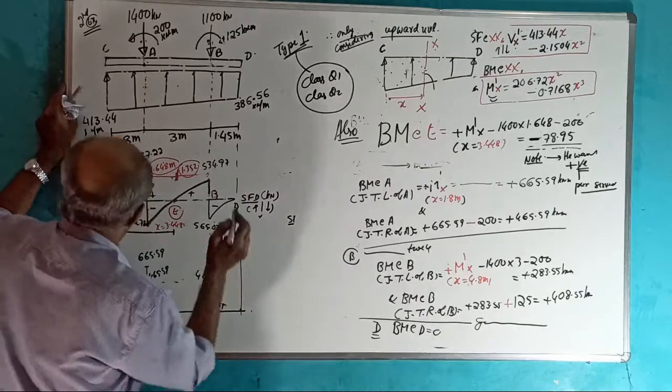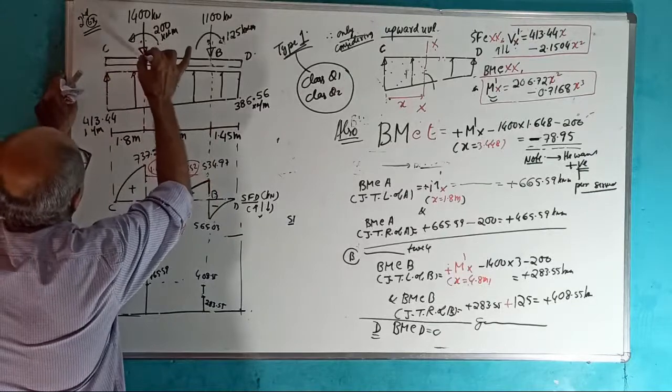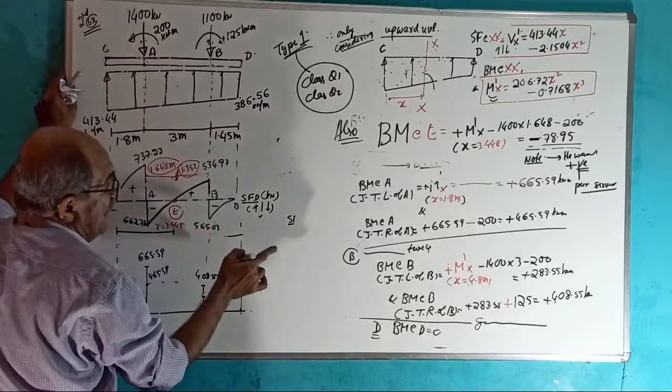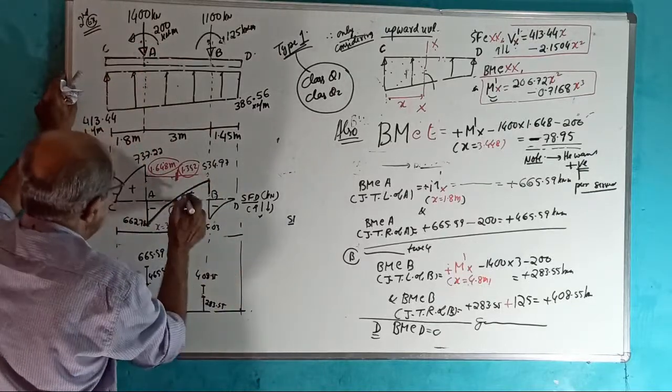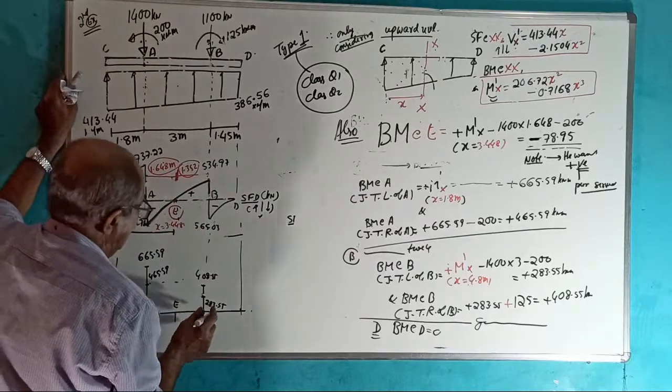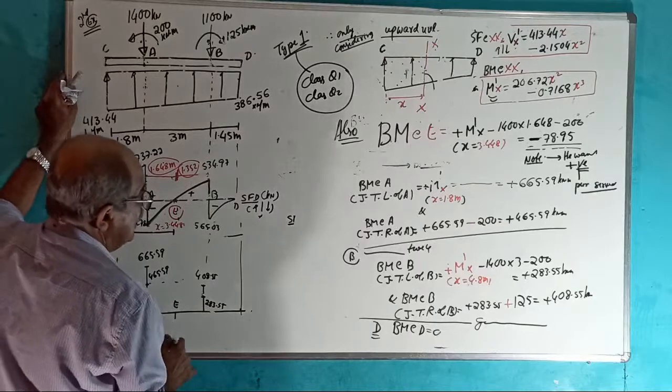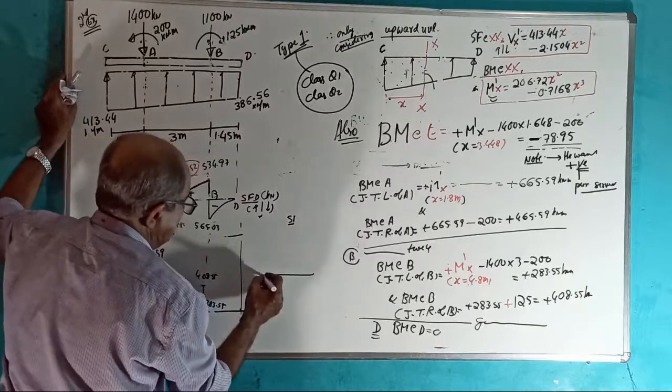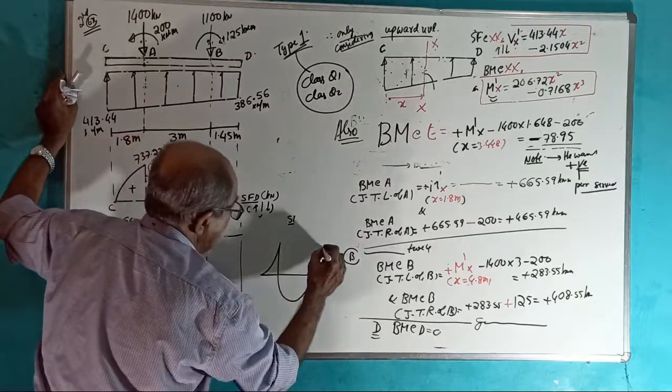283.55. Okay, now C joined to left of C by a parabola of 30 degree. Here the answer is slightly negative. See, at point E very minute negative. Last time it was heavy negative, yes or no?